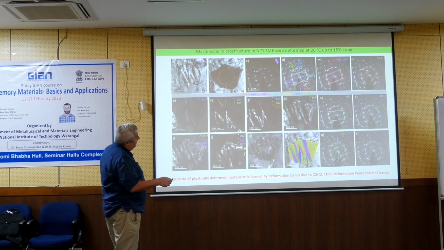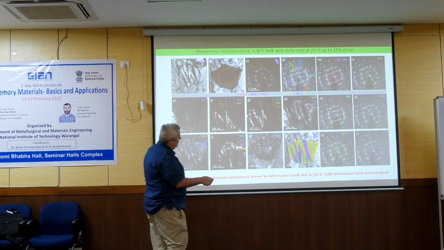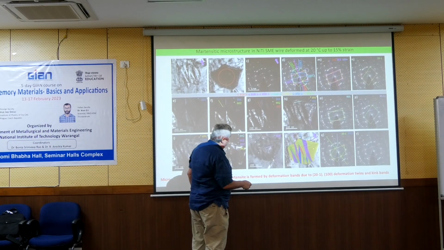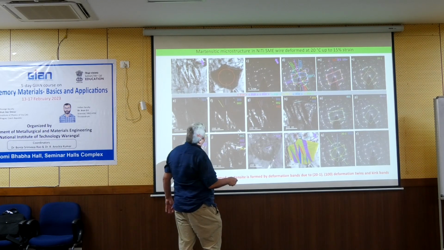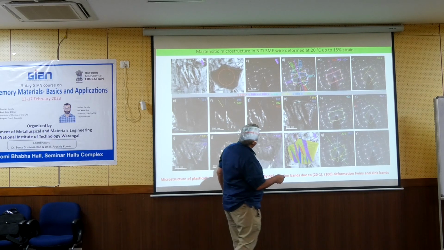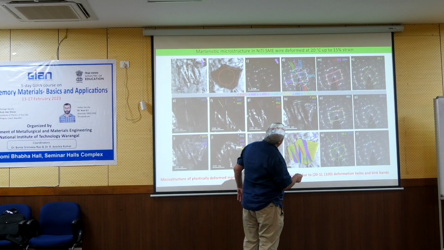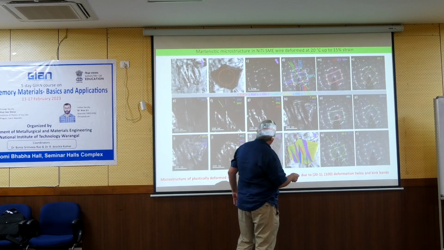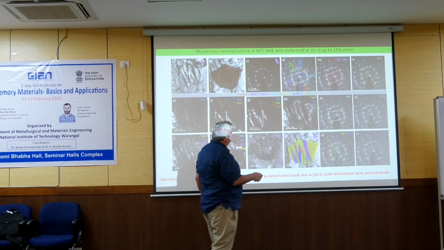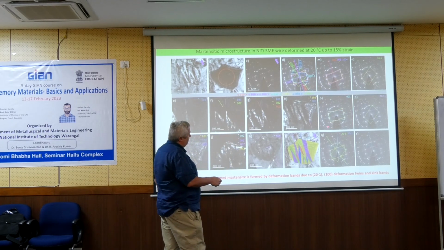For example, green and red, or here cyan and blue. Okay, this is blue and cyan. Yeah. So this is the characteristic pattern for a 001 twin.